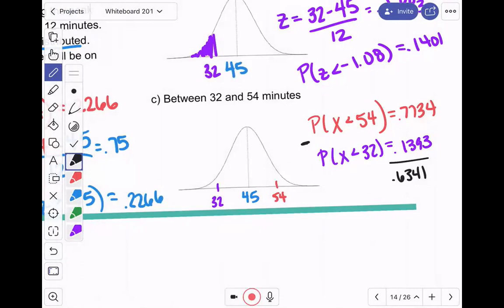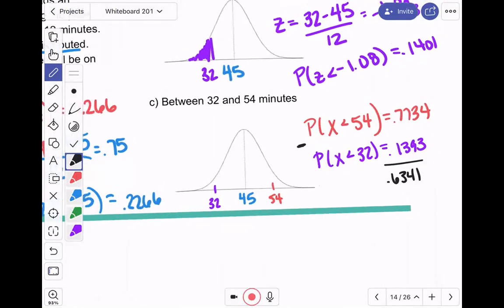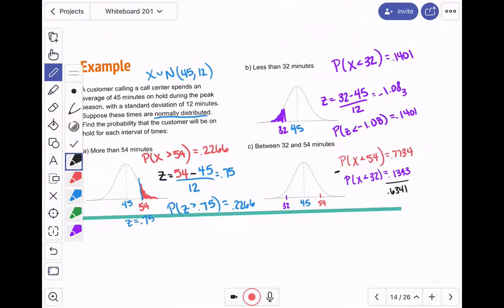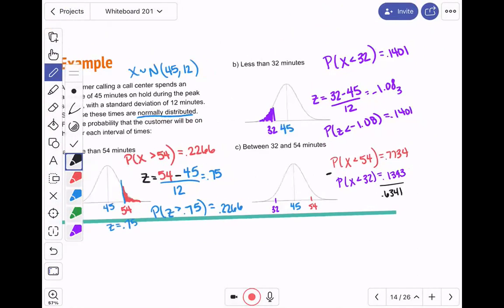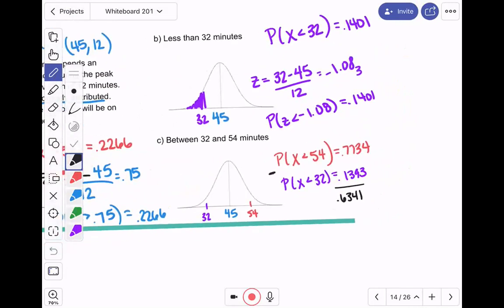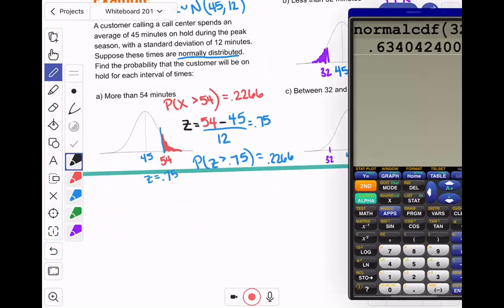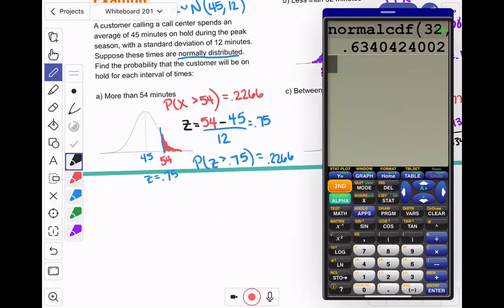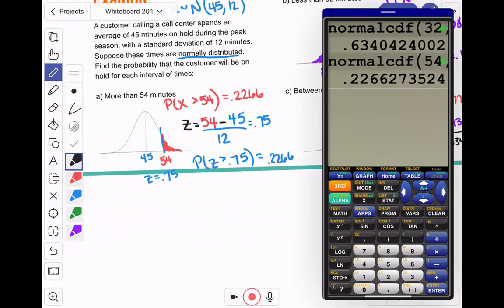If you want to experiment with that and get that calculator, I'll put a video up in Blackboard for you. These go by so much quicker on the calculator than they do in Excel, because this calculator can calculate, for instance, this one right here, and get 0.2266.